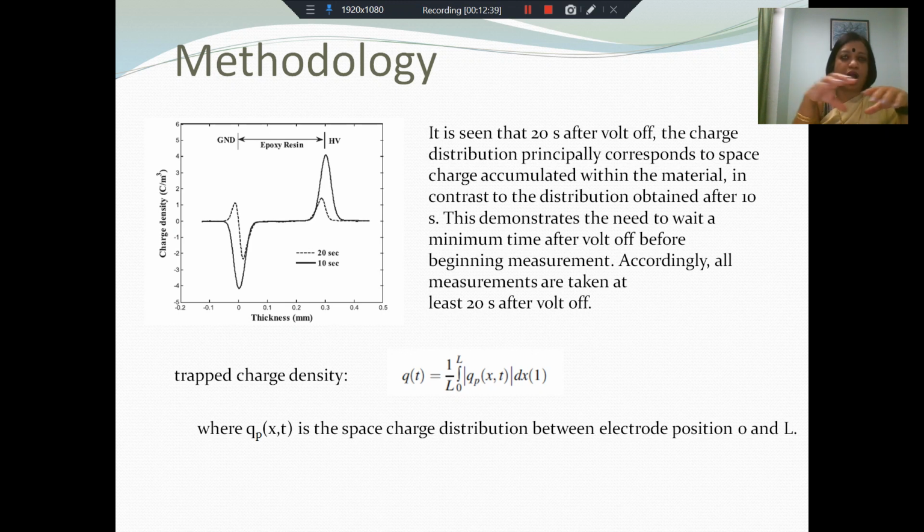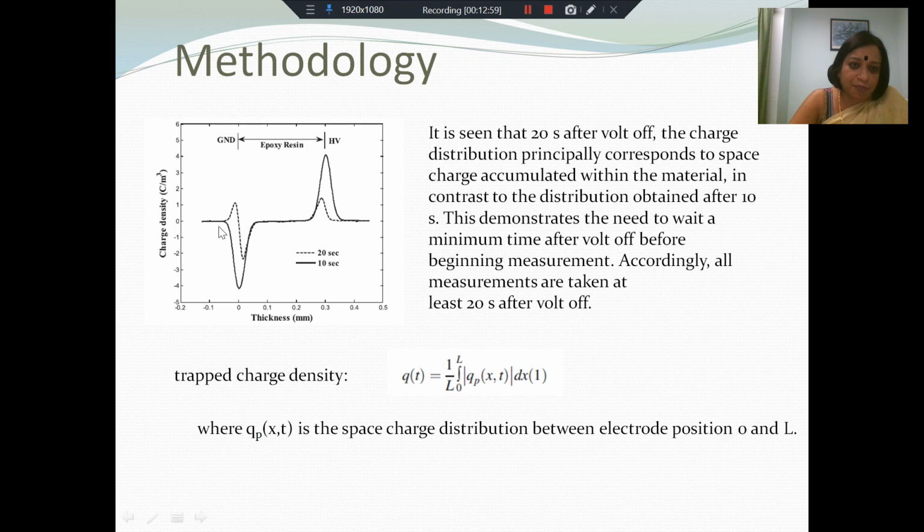The charge will continue to dissipate with time. We can also make space charge measurements during the energization portion, but we can also make measurements right after depolarization begins.